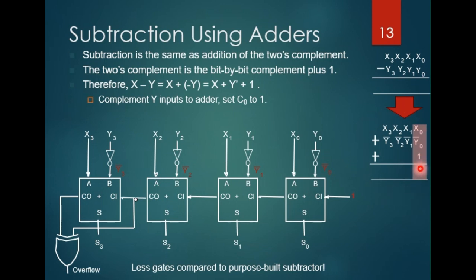From here you can see that we can modify a 4-bit full adder by first putting an inverter after each y signal to get the inverted y, and then we fix the 1 here. At the LSB adder you need a 1. That can be done by fixing the 1 to the carry in of the LSB adder.